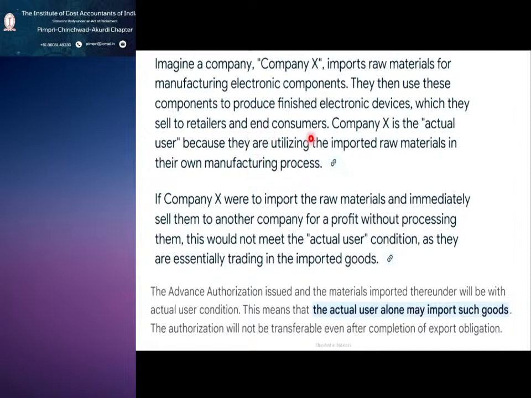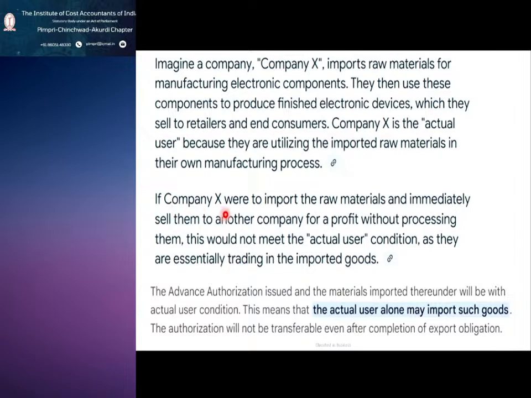So the only condition is that we are not allowed to sell the raw material at the stage of raw material itself, but you can use that raw material, manufacture the product and then sell the finished product. In that case you are allowed.